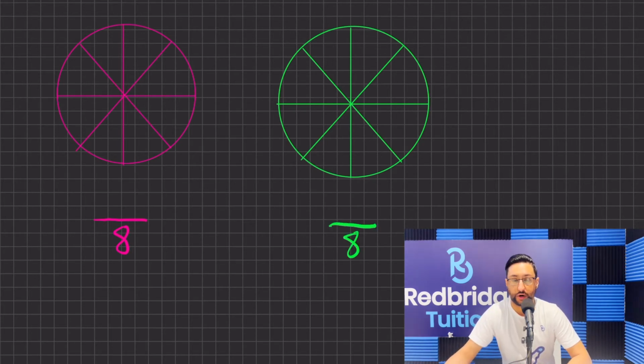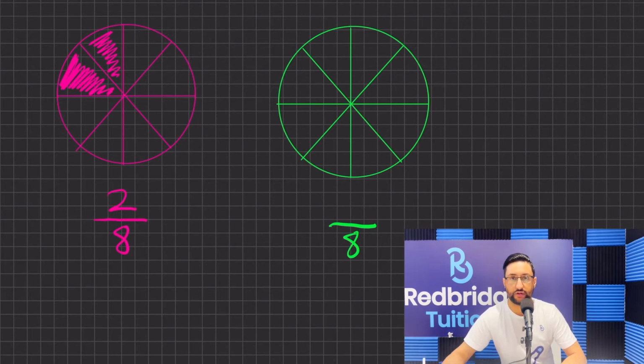Let's say I wanted to try a couple of slices from the first cake. Let's say I want to take this slice from the first one and also this slice from the first one. I've taken 2 slices out of a possible 8. The second cake I'm not too sure about, but I still want to try it, so I'm going to take one piece. I'll take this one here.